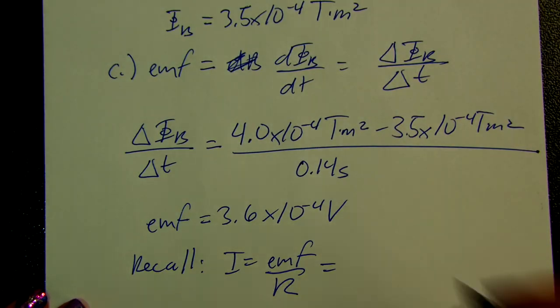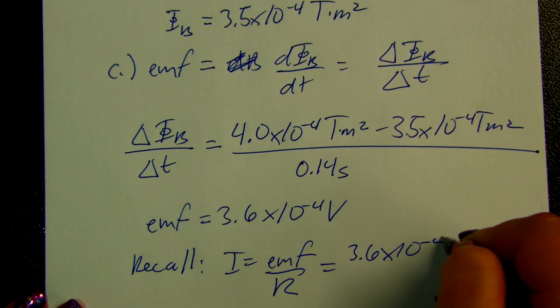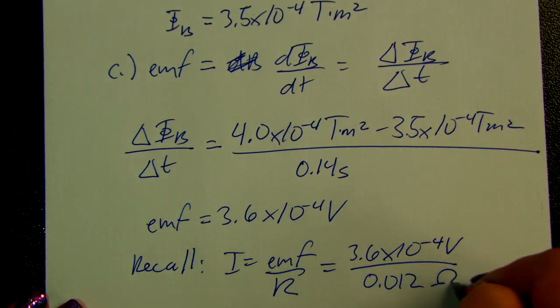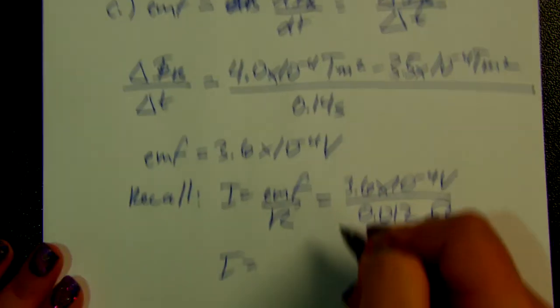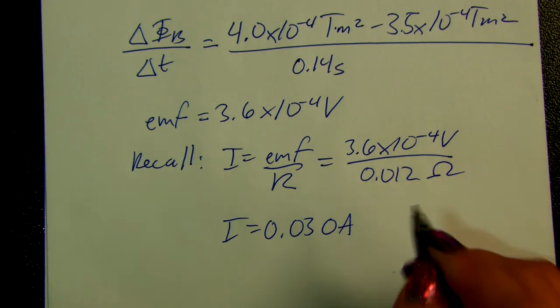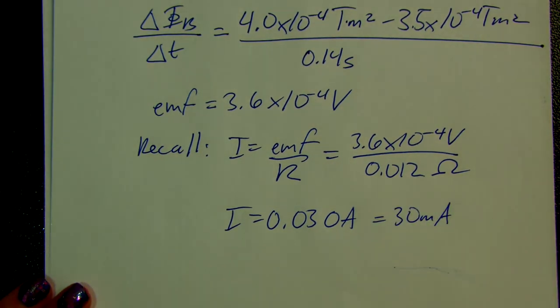So this is equal to 3.6 times 10 to the minus 4 volts over 0.012 ohms. The current is 0.030 amps, or 30 milliamps. And there you have it. There's an example using the concepts in Faraday's law.